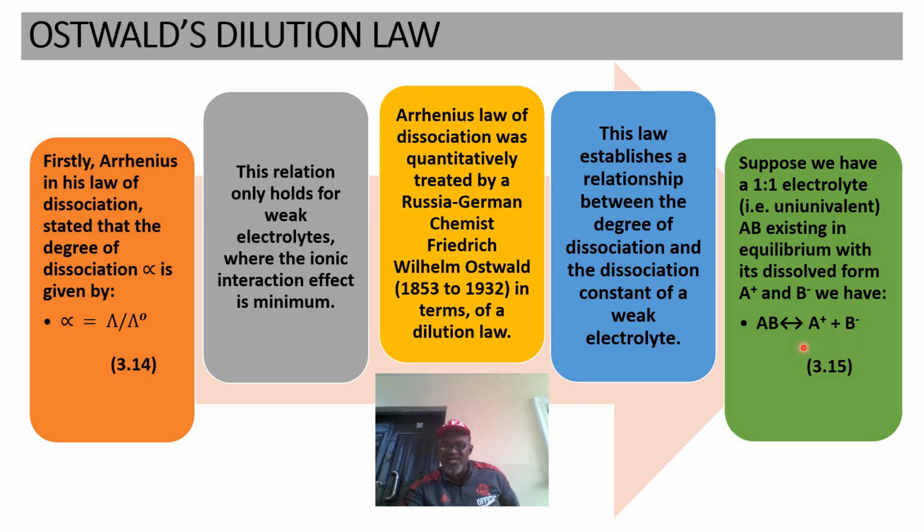We mean 1:1 here is 1 mole of positive ion and 1 mole of negative ion. You can also have something like A2B, which makes this 2:1, or AB2, which makes this 1:2. For instance, sodium chloride is 1:1, calcium chloride is 1:2.